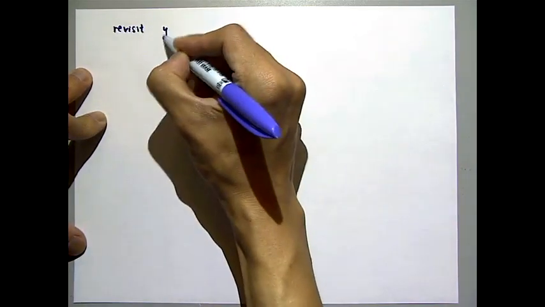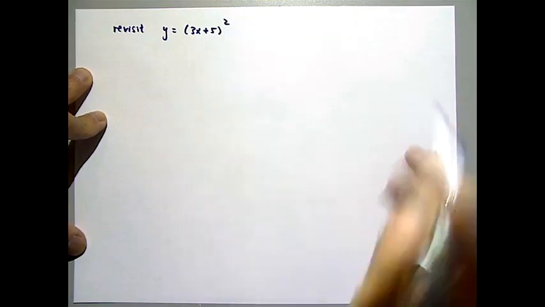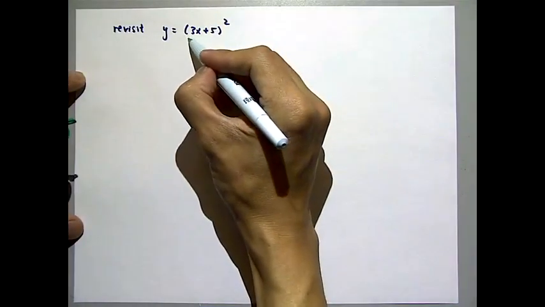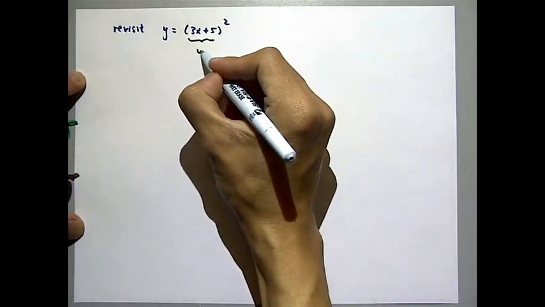Let's revisit the one we handled differently at the beginning, so we can compare the answer we got using the chain rule to the answer we got earlier doing something else. Okay? So first of all, let's call the inside function, the inside group, u.